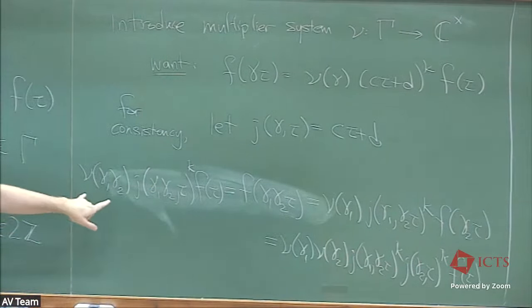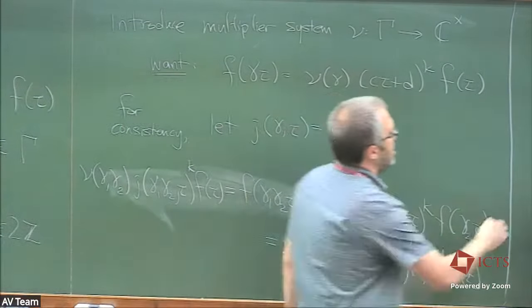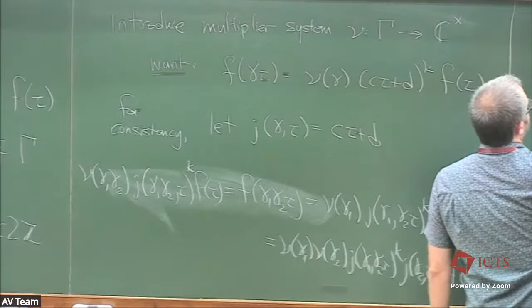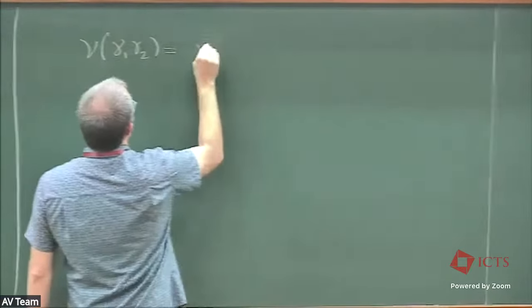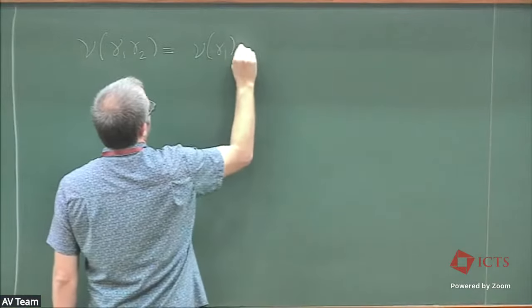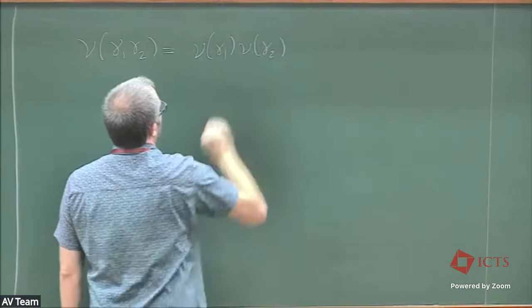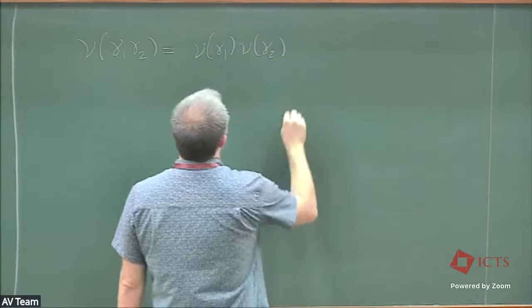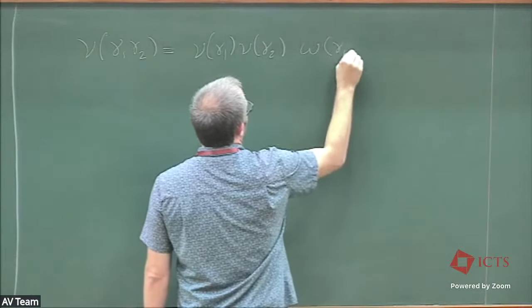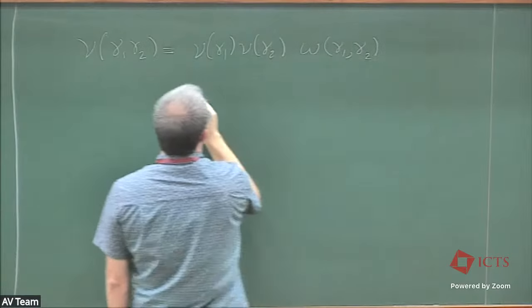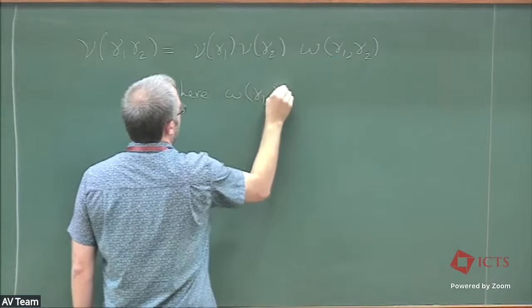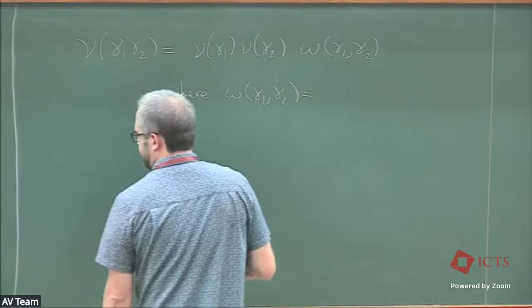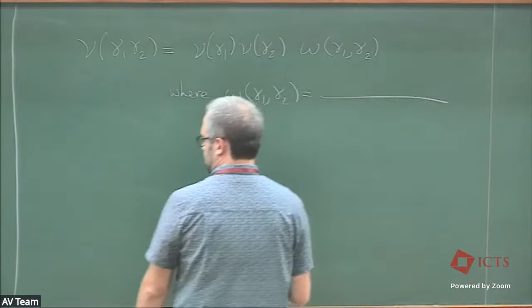And so we're going to get some kind of relation that needs to hold. What it says is that nu of gamma 1 gamma 2 should equal nu of gamma 1 times nu of gamma 2 times something else, which I'll call omega of gamma 1 gamma 2, where omega of gamma 1 gamma 2 is, let's see, well, what does it have to be?